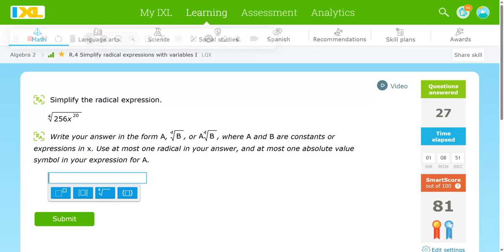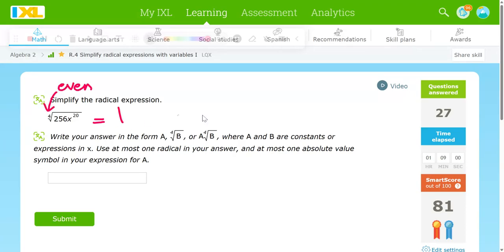Okay, here we go. The next one is the fourth root of 256. This is an even root, so the answer should be in absolute value. Fourth root of 256, and then x to the power of 20, also a fourth root.